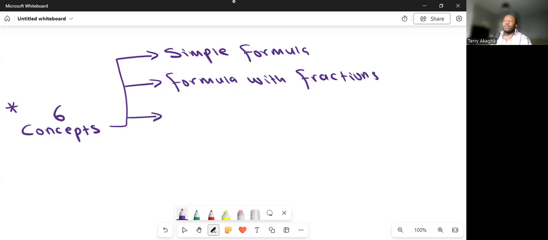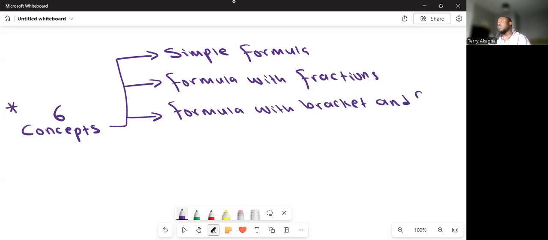Then the next one I'll talk about is formula with brackets and fractions. These are cases where you have both fractions and brackets. Then the next one is formula with roots and fractions.